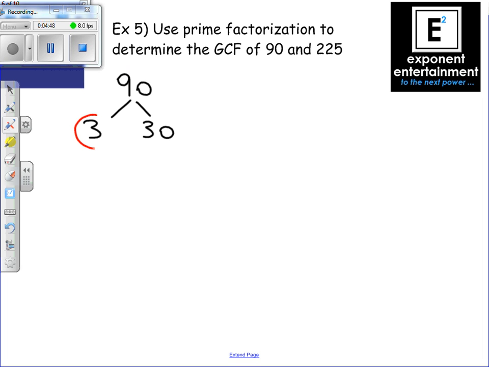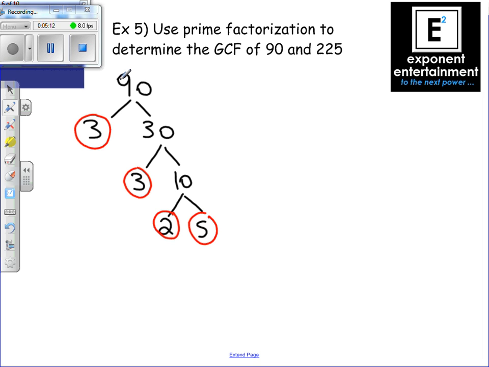Remember, once you have a prime number, circle it. You're going to do 225 on your own. I'm doing 90. 225 shouldn't be too crazy hard.